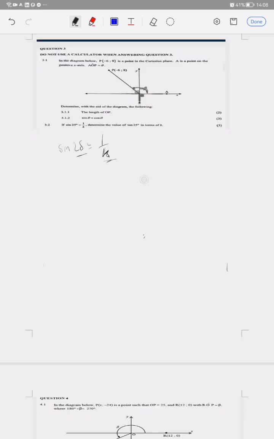So what do we do here? Every time, we draw a Cartesian plane. This angle is 25, so if I have 25 here, I'll have 65 here.